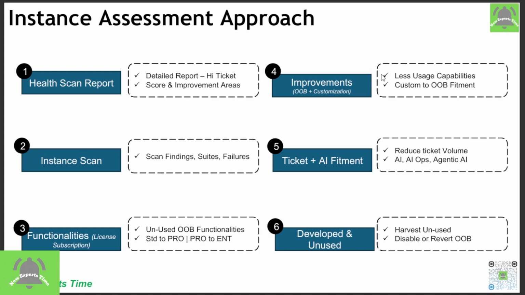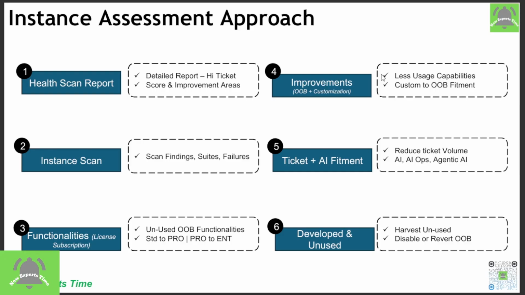Also look for anything disabled, or anything that overrides out-of-box items. You need to focus on those, because on the ServiceNow side, whenever you do a patch upgrade or version upgrade, if you have overridden out-of-box capability, it will not be overridden properly during the patch and version upgrade. So in that area, don't touch the out-of-box capability; keep it as it is.